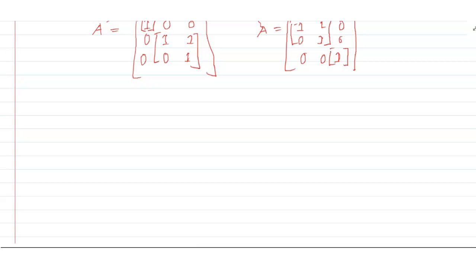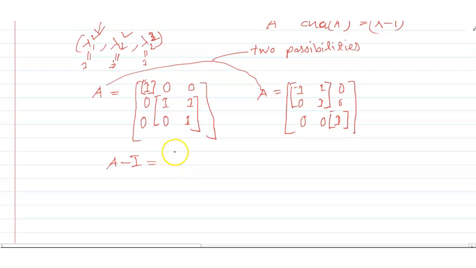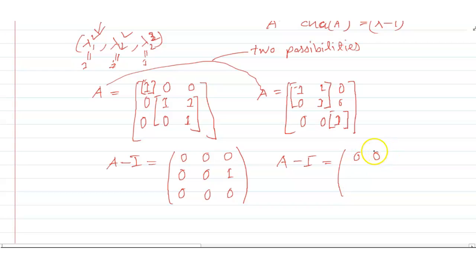So friends, whatever the possibility, A minus I will be: in one case the matrix 0 0 0, 0 0 1, 0 0 0, and in the other case A minus I is 0 1 0, 0 0 0, 0 0 0.